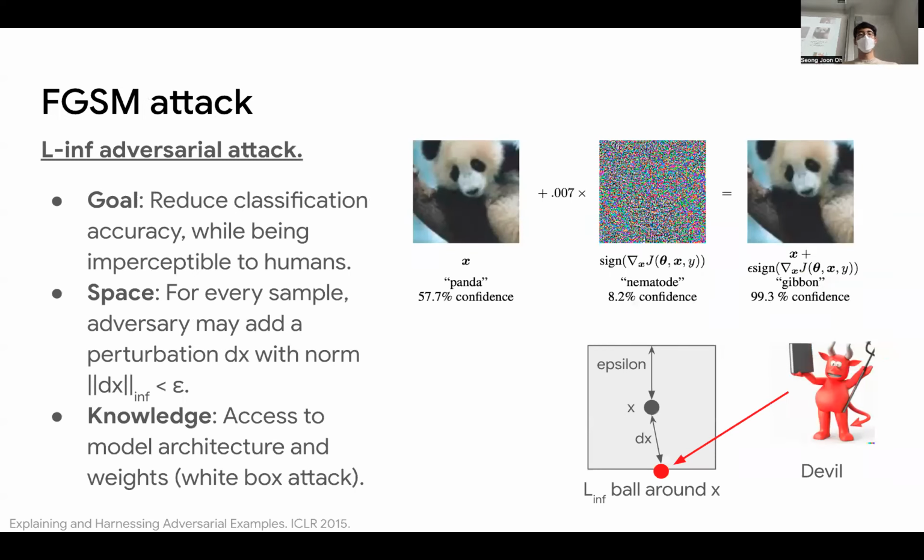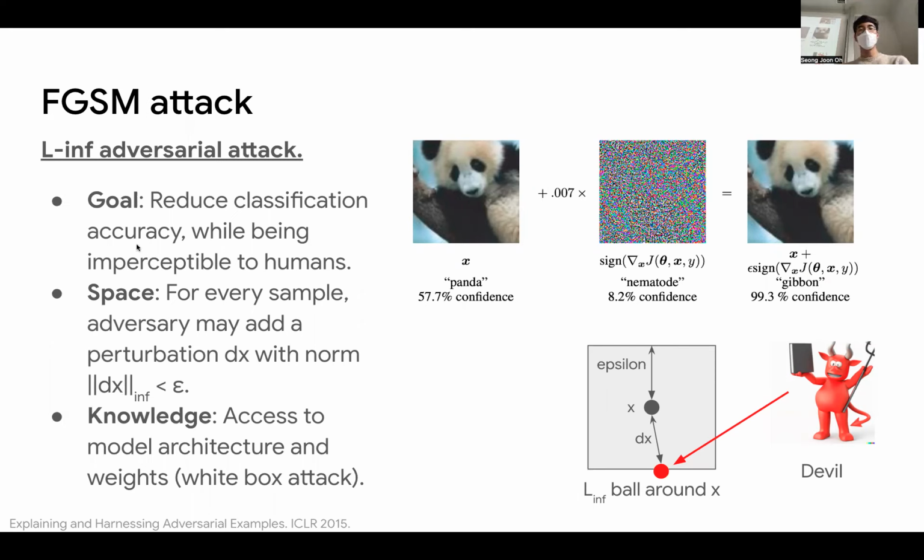So let's jump into the first adversarial attack that we consider in the course. It's very simple, the FGSM attack. It's fast gradient sign method. It's called an L infinity adversarial attack. So let's see what the goal, space, and knowledge are for this devil.